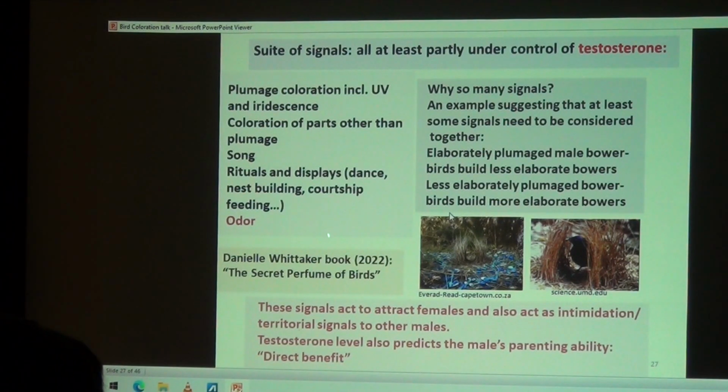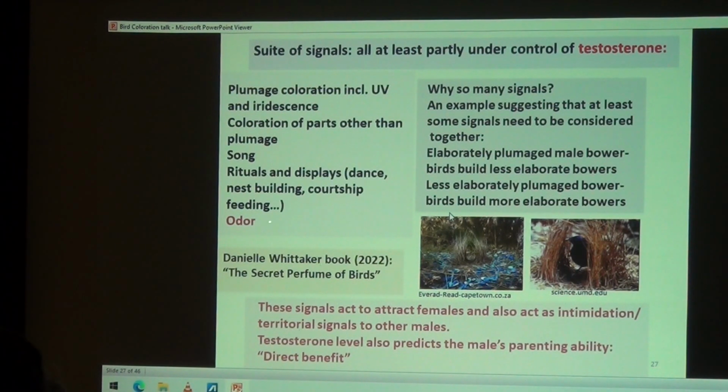So these same signals act to attract females and also act as intimidation or dominance or territorial signals to other males. And these are all under control, either at least partly or indirectly, by testosterone levels.